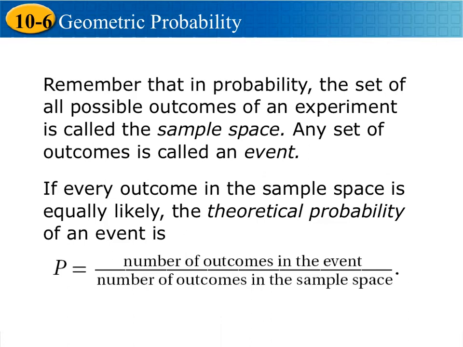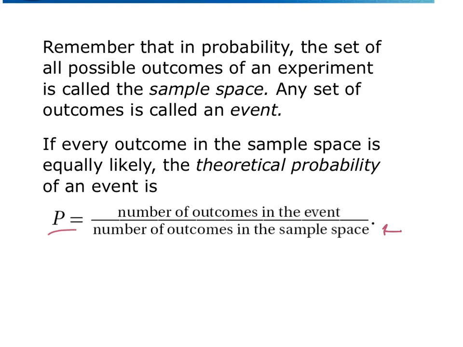If every outcome in the sample space is equally likely, the theoretical probability of an event is P equal to the number of outcomes in the event over the number of outcomes in the sample space. So the bottom is going to be all the possible outcomes, so the total number, and the top is going to be what you're looking for.